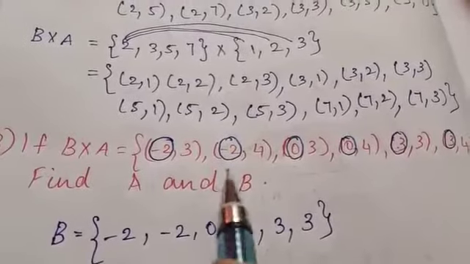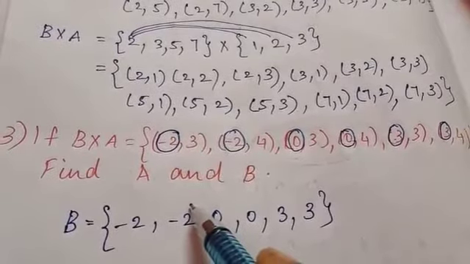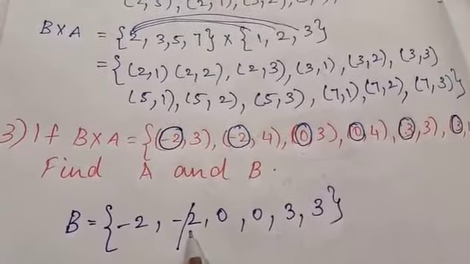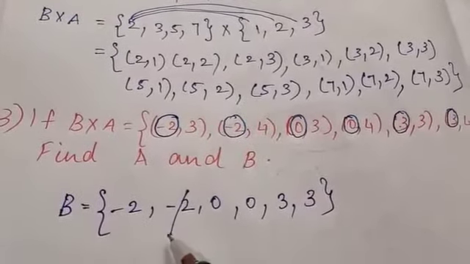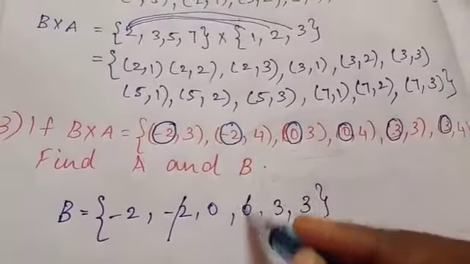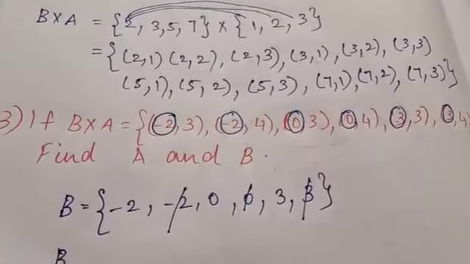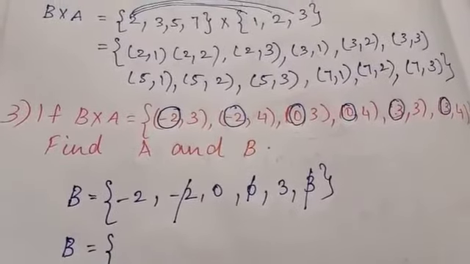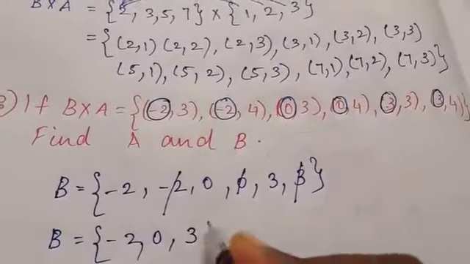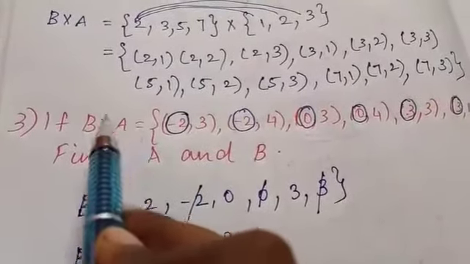So I'm going to strike off the extra elements. We have two -2s, so leaving one, I'm striking off the other. We have two zeros, I'm cutting one. Now the elements of B are -2, 0 and 3.